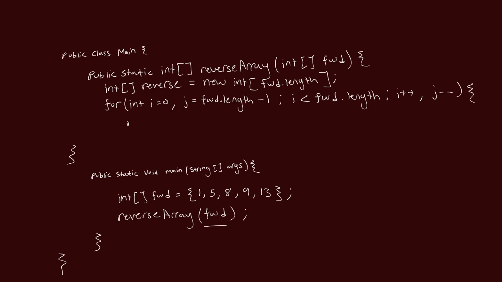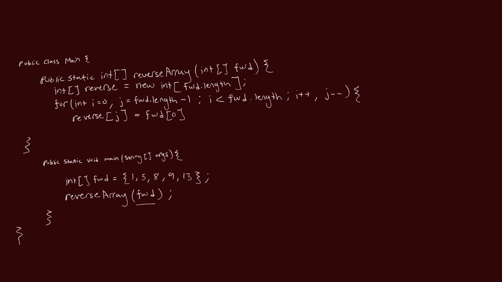So what we're going to do is do a reverse. So our reverse at j is going to be equal to our forward array at 0. Okay, so this is pretty much how it reverses our array.